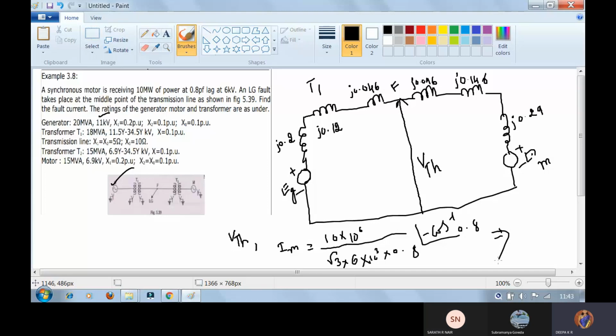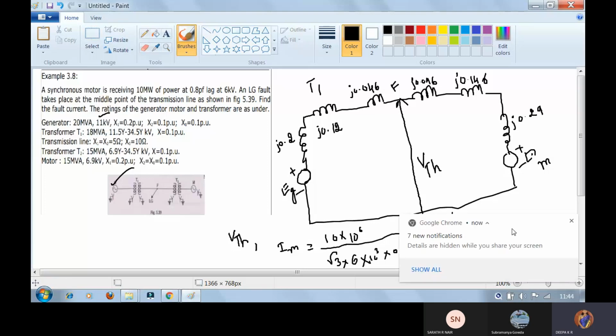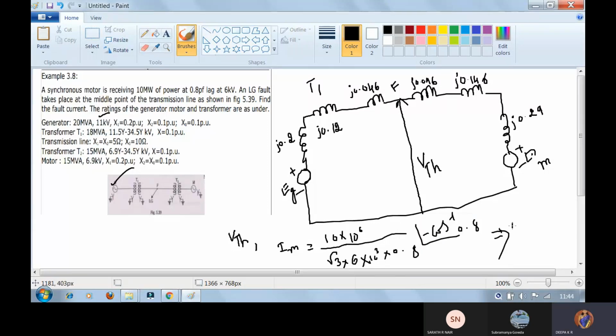Okay, now the number simplification: 10 into 10 to the power of 6 divided by root 3 into 6 into 10 to the power of 3 into 0.8, and as per your answer that is at an angle of minus 36.86 or 87 degrees.